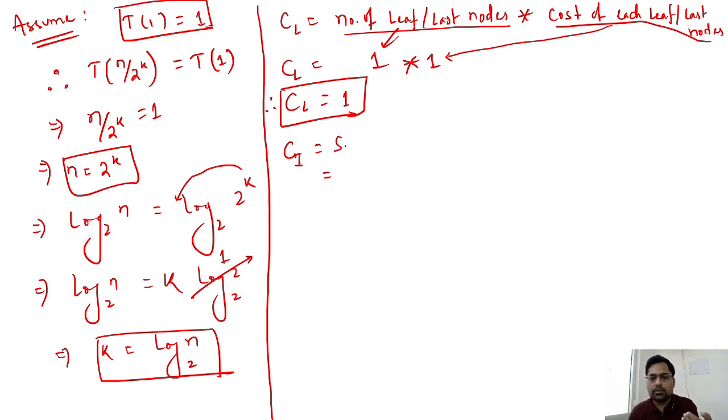Don't be confused, because I told you CL is the cost of each leaf node multiplied with the number of leaf nodes. It's the cost of leaf nodes basically. CL is the cost of leaf nodes. CI is the sum of all intermediate nodes.